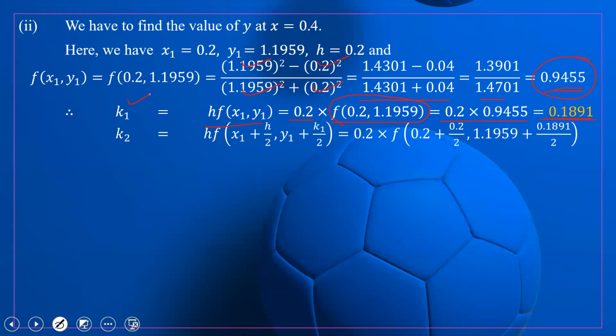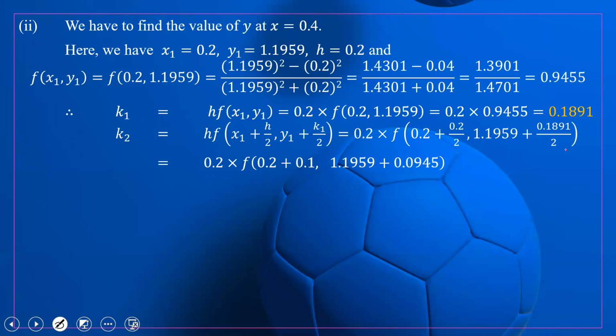So if you want to calculate k2, it is h times f of x1 plus h by 2 and y1 plus k1 by 2. This calculation will be lengthy compared to the first iteration, but it is 0.2 plus 0.2 upon 2, where this is x1, h upon 2, this is y1, and k1 upon 2.